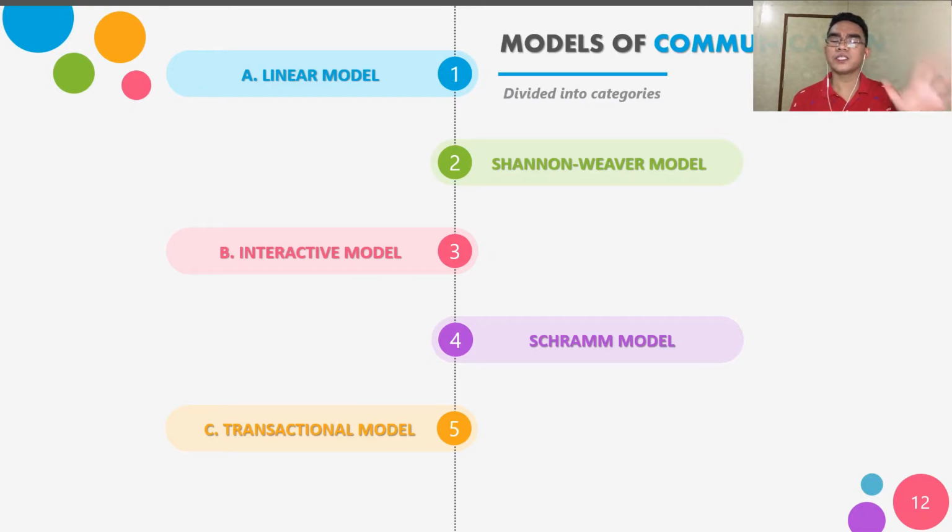Aside from these 5 models of communication, we still have one more, the Dance helical model, which was created by Mr. Dance.